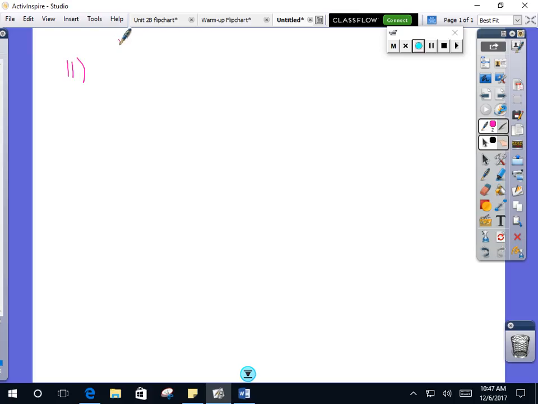All right, number 11, we have 6x minus 7y equals negative 18. And then we have 2x plus 3y equals negative 6. Okay, when I'm trying to decide which variable to eliminate, my eyes immediately go to the y because I'm like, oh, we already got opposite signs.